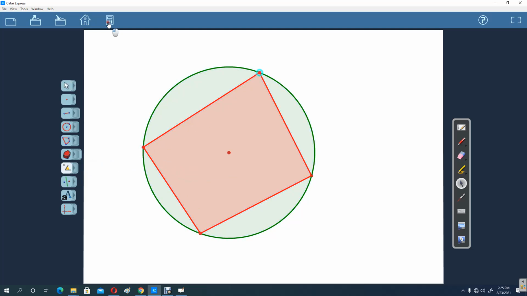So if we measure this angle here, we're getting 89. And let's measure the opposite angle to it. That's this one over here. Then we get 91. And 91 plus 89 is 180 degrees.